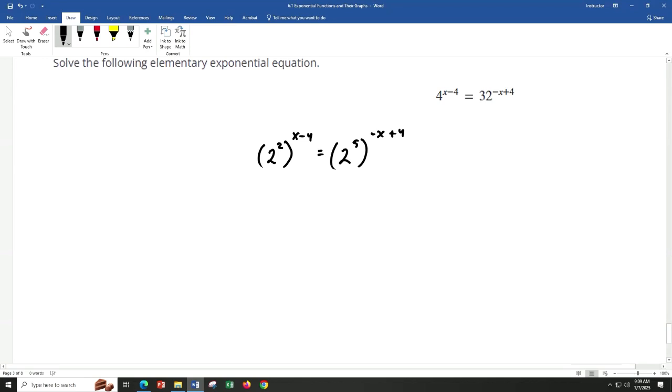You get the twos. Sometimes the hardest part is finding the stupid bases sometimes. Okay.